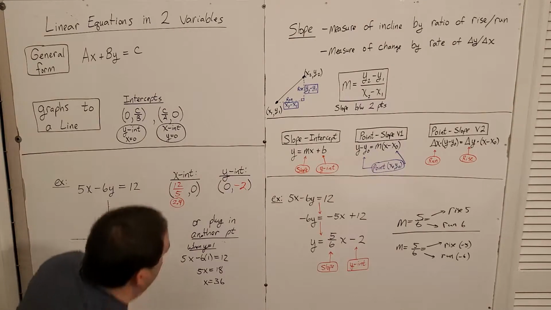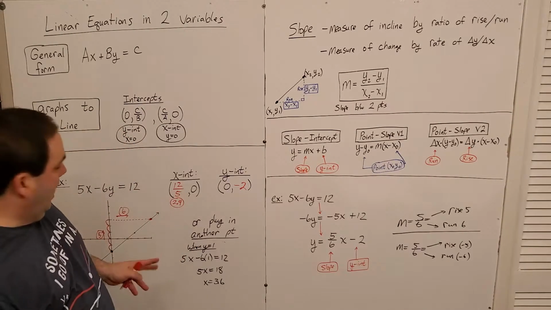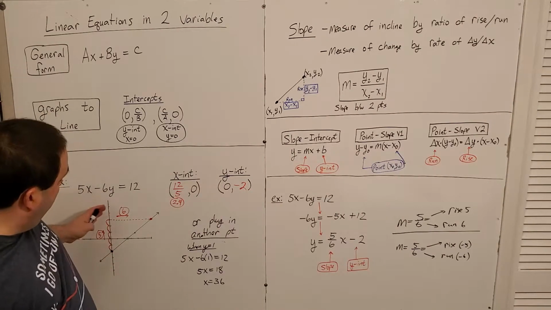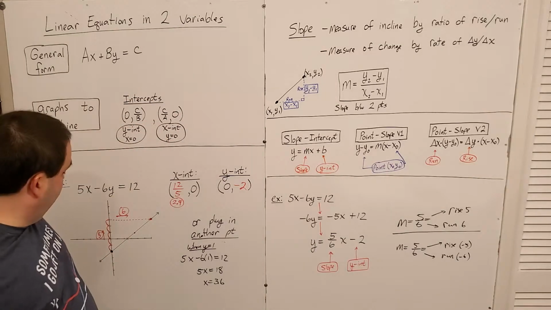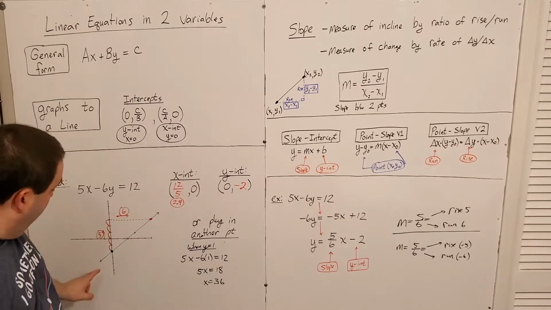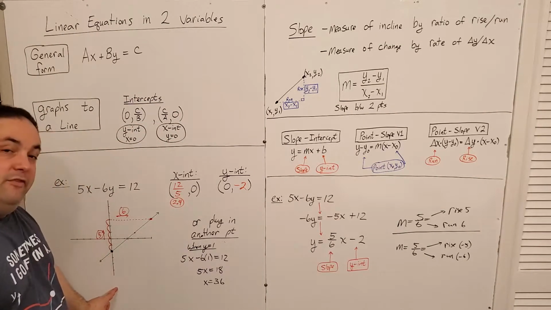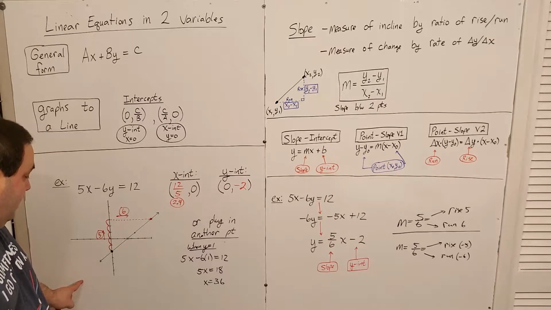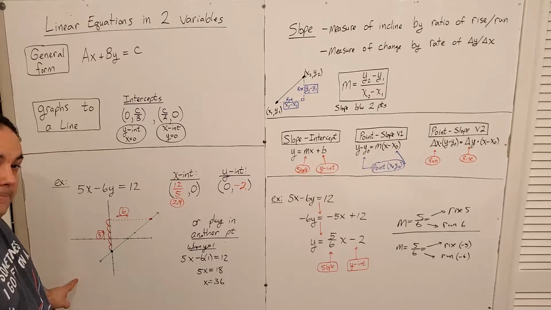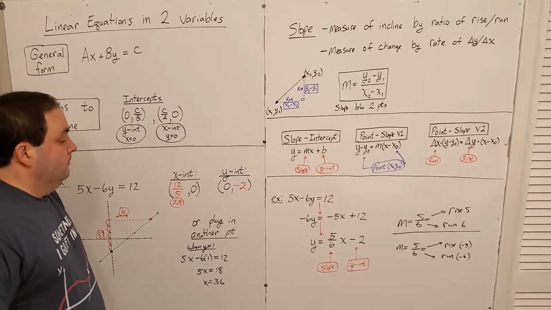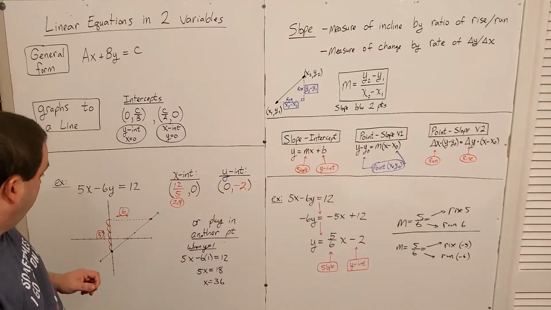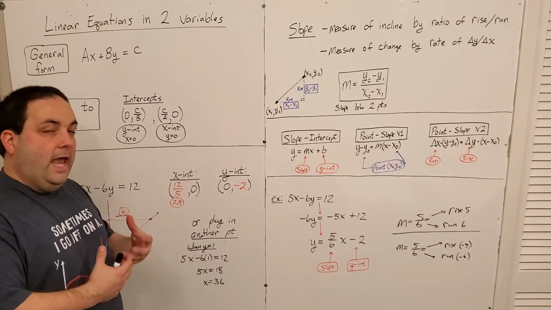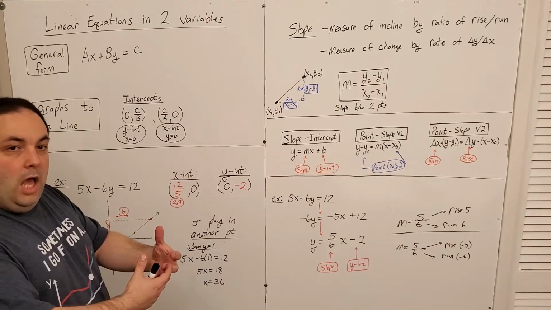You could have done that from any point on this line, and you would land again back on that line after you counted a rise of 5 and a run of 6. And again, I could do it the other way. I could do a rise of -5 as long as I did a run of -6. And notice I would still get on that same line. Okay? So keep in mind that slope is a way of counting while staying on a line, right?